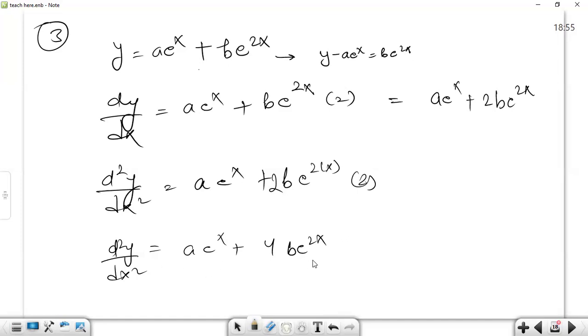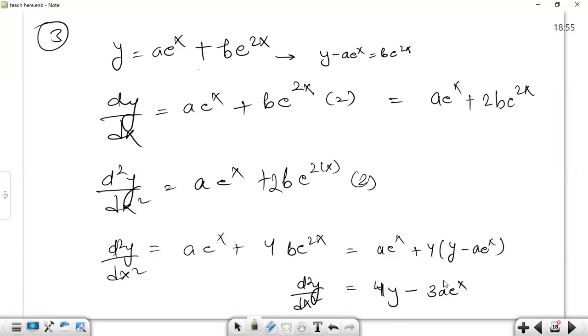So here a will be eliminated. Let's first focus on b only. So b e raised to power 2x is y minus a e raised to power x. So this has become 4y minus 3 a e raised to power x. Clear till now? Yes, sir. So we have successfully eliminated b. Now let's focus on a.